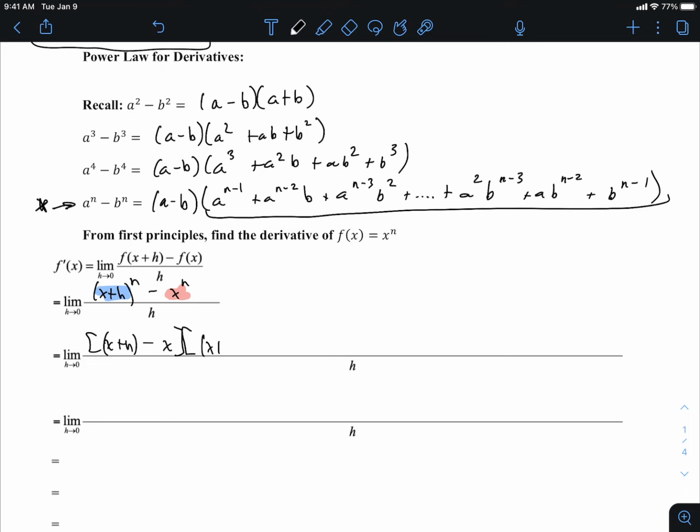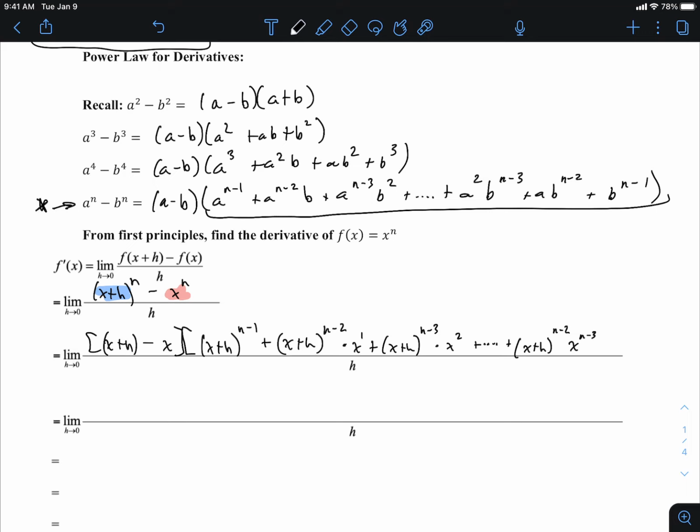So we're going to have x plus h to the n minus 1, plus x plus h to the n minus 2 times x to the power of 1, plus x squared plus dot dot dot, and then we go the rest of the way. Oh, I'm getting carried away. We'll go back into B mode here. x to the n minus 3.